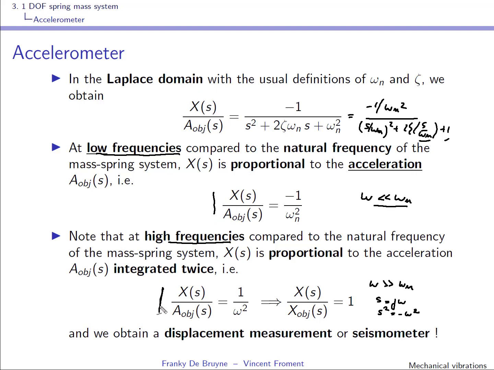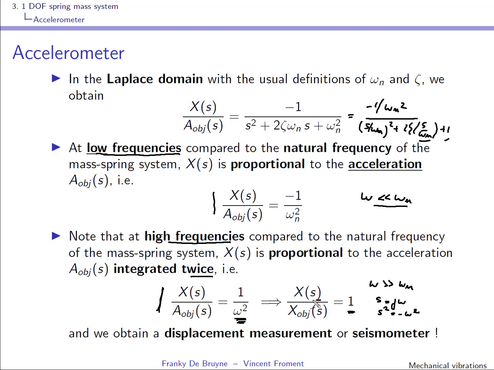At high frequencies, okay, well, you know that x is proportional to acceleration integrated twice, in the Fourier domain. 1 over omega square corresponds to integrating twice, so you know that the relation between x and the position of the object at high frequencies will be 1.